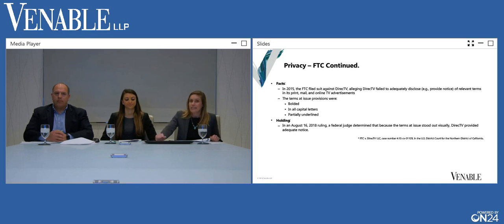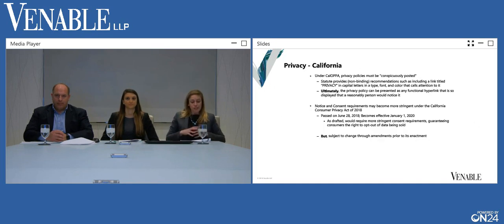And the same holds true for California. So under CalOPA, privacy policies must be conspicuously posted. The statute does give some indication and recommendations of best practices, and these include a link titled privacy in capital letters in a type and font and color that calls attention to it.